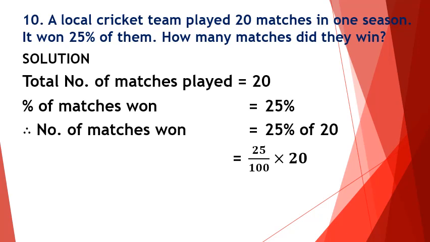We can cancel 20 and 100. 20 cancelled with 20 gives 1. 100, 20 can be cancelled in 100 will give the denominator as 5. Again 5 can be cancelled in 5 one time, and in 25 5 can be cancelled 5 times. So the answer equal to 5. 5 matches. The team won 5 matches.